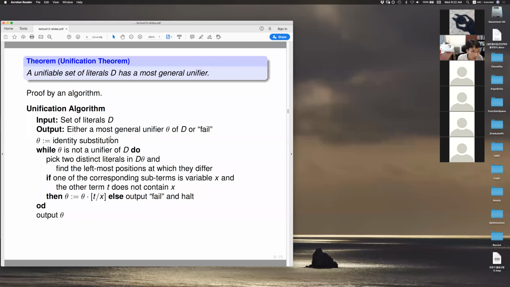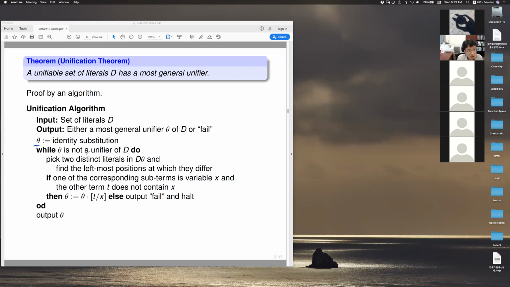Now the way the algorithm works is like this. It works by maintaining some internal variable theta and keep updating theta. And this update process will make theta more and more specific.